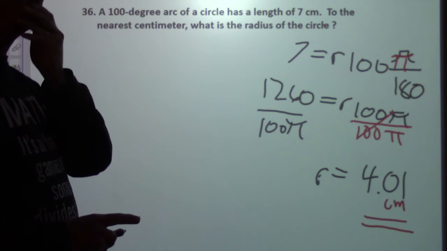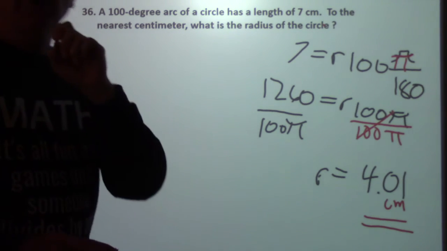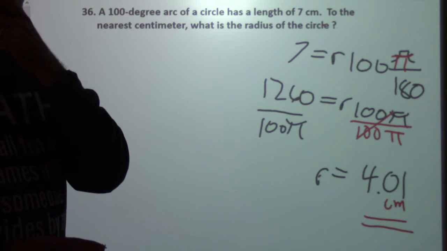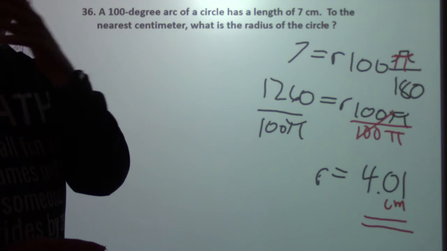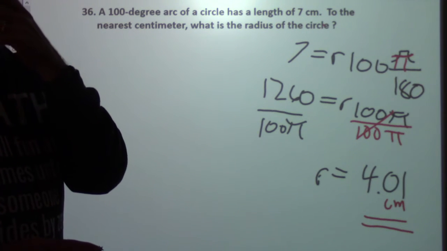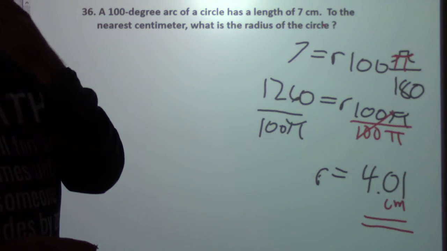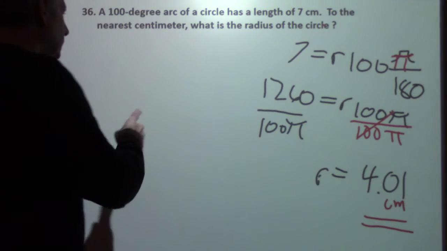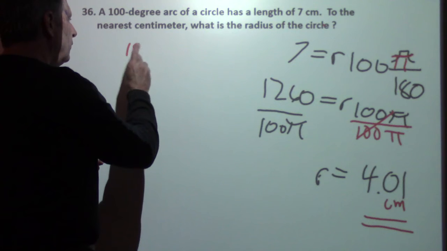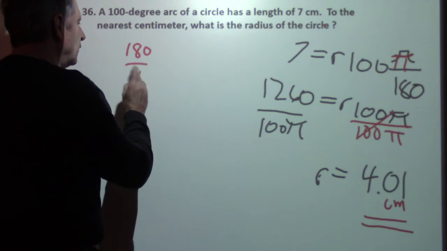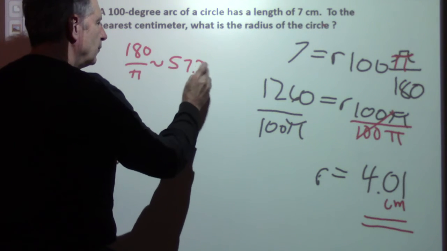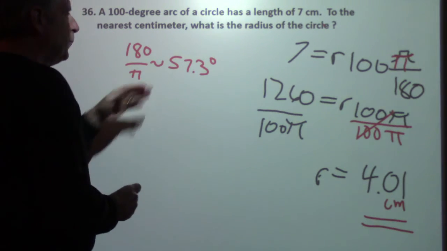Do you remember that I told you how many degrees were in a radian? 53. So Ben was pretty close. Think about the circle. About 57.3, which is 180 divided by pi. So 180 divided by pi is about 57.3. All right, so that many degrees.